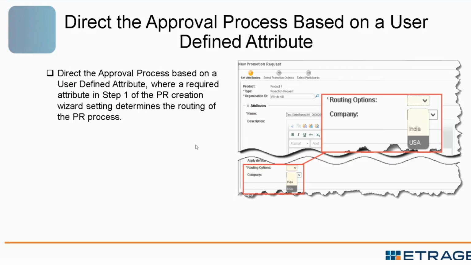So I can create unique attributes on the promotion request object, assign them a pull-down list, and make them required. So consciously, the creator will be forced to go into that attribute and identify, hey, what are you trying to do here? How would the approval process be selected? And then that process gets evaluated.